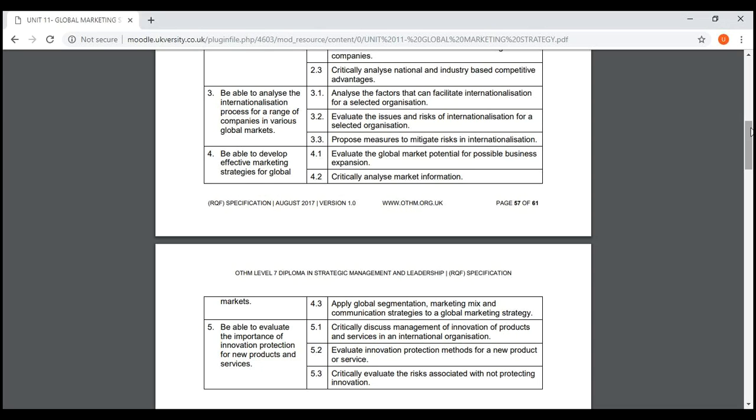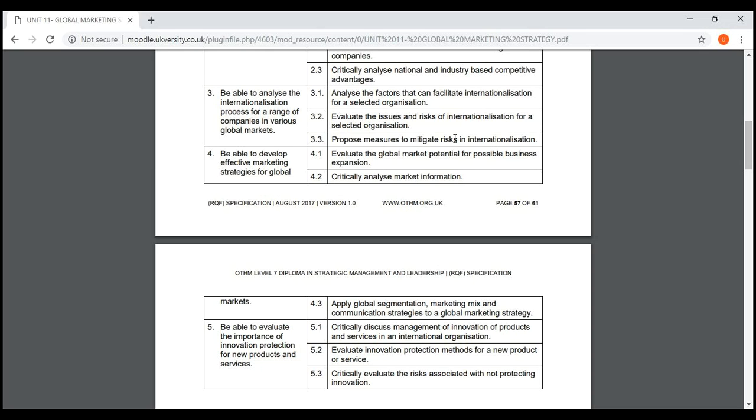We can standardize strategies throughout the world, with the same promotion, or we can differentiate our channel according to local requirements and local cultures. Anybody, any question?